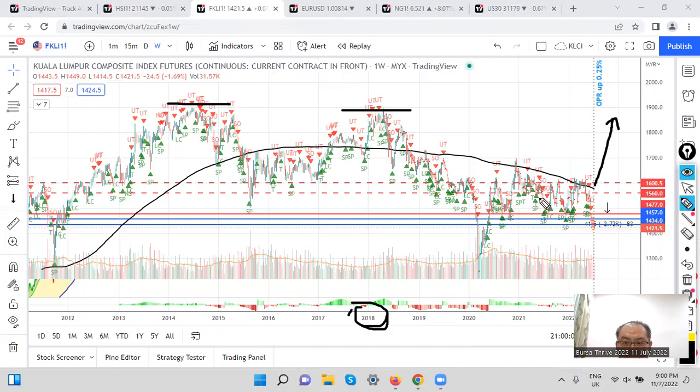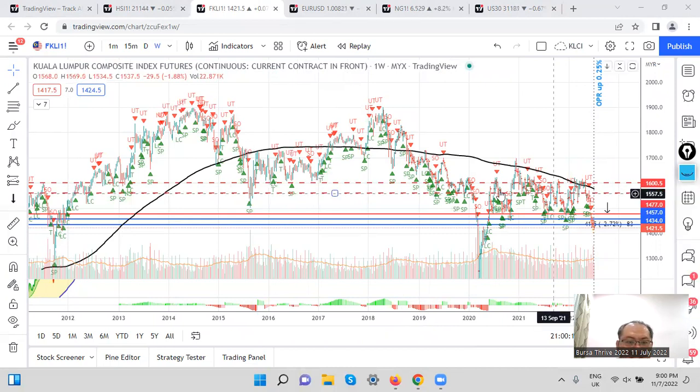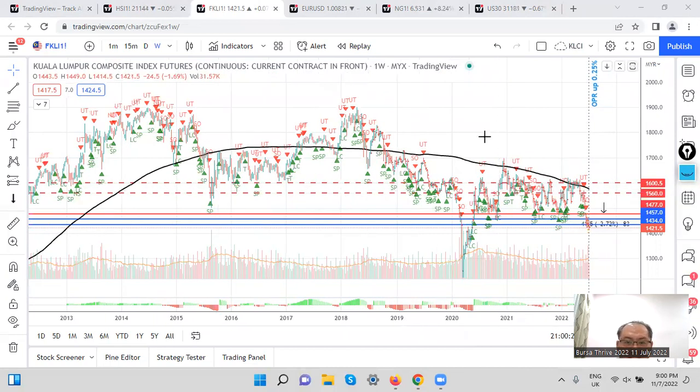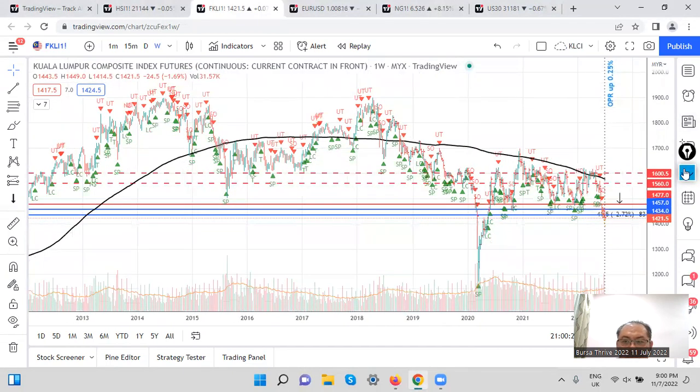We have dropped until here. Usually when you have a leg like this, I adjust the chart a little bit and make it bigger. The economy is something like that.